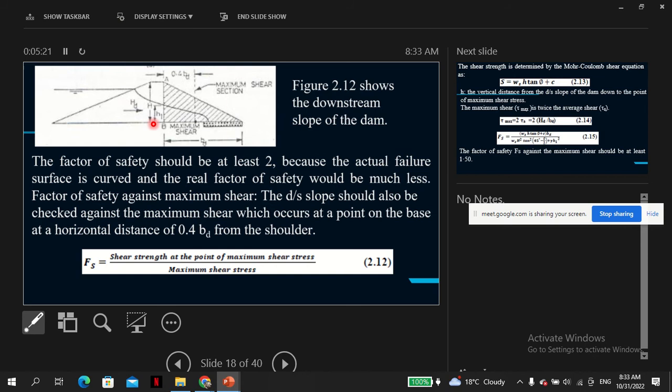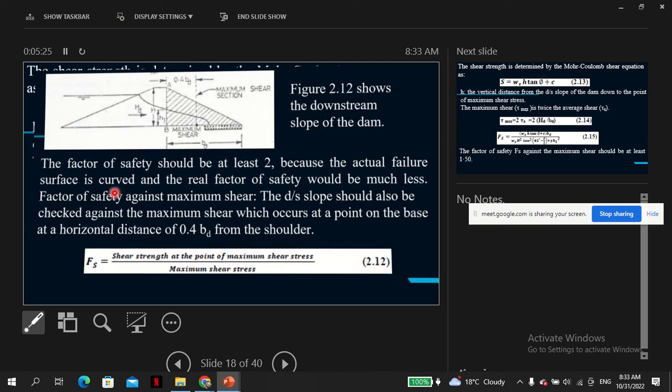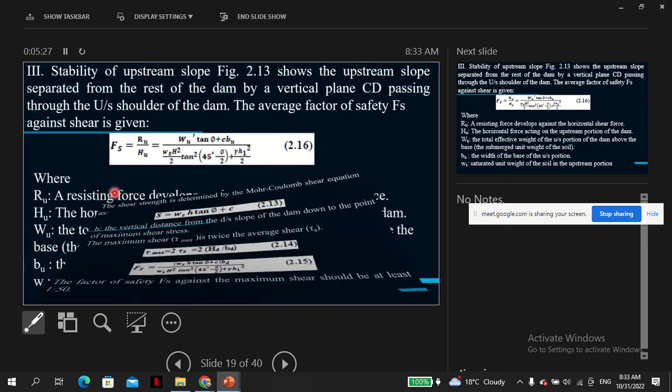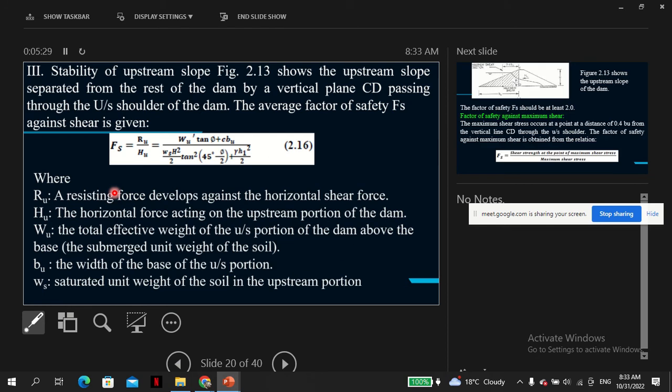So again, the same deal: the resisting forces upstream divided by the driving force. Same idea. RU are the resisting forces, HU are the forces acting on the upstream portion of the dam.